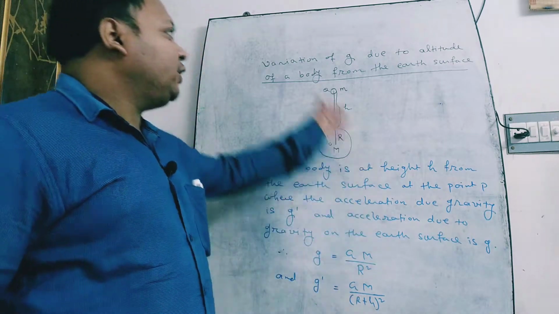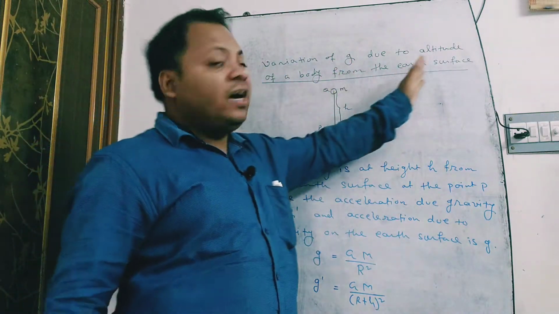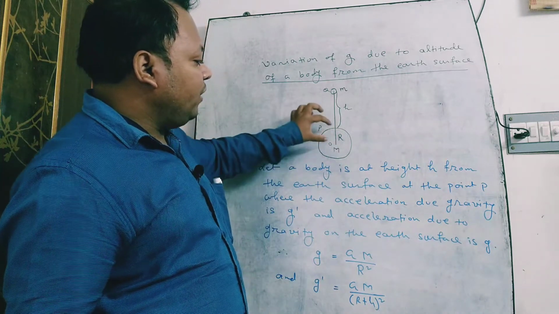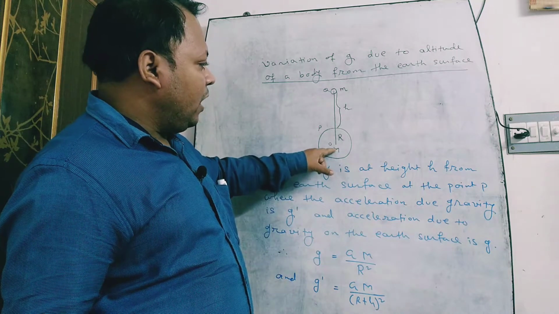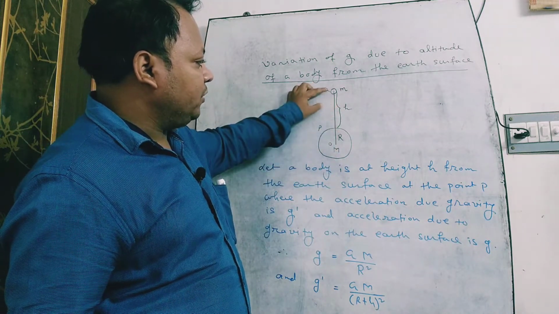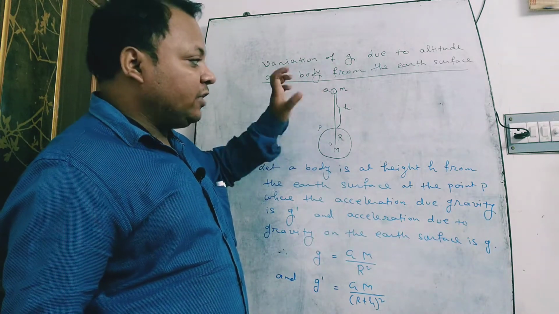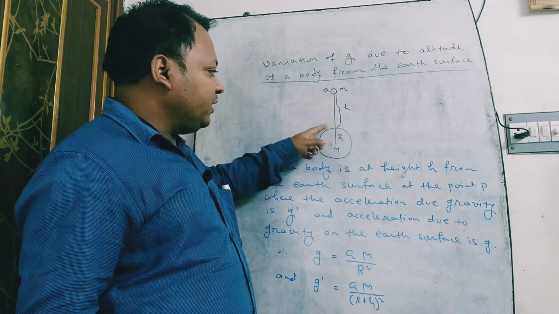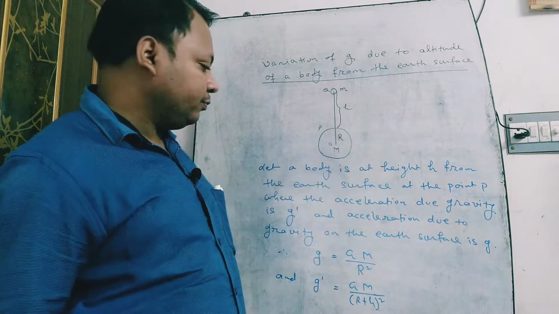Now, variation of small g due to the altitude of a body from the Earth's surface. Let OP be the radius of the Earth and its mass is capital M, and a body is placed at a height h from the Earth's surface at the point Q. At the point Q, the acceleration due to gravity is g prime, and on the Earth's surface, the acceleration due to gravity is g.